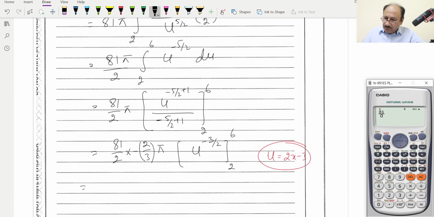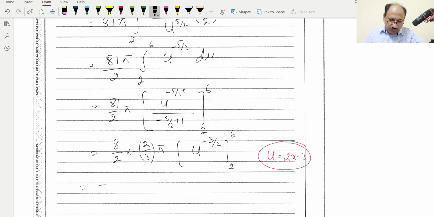81 over 2, and this will be multiplied by minus 2 over 3, and this will give us the value minus 27, so we can write minus 27 pi, and by replacing u with 2x minus 3, we can replace the upper limit.